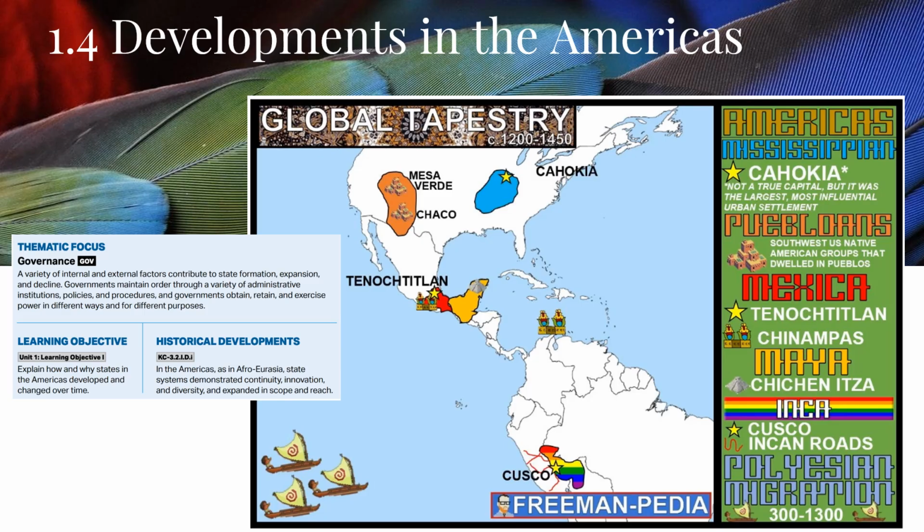Something else to keep in mind, and we've not really talked about it much in the class this year, but the Polynesian migrations, and that's what these boats are over here for. I know it's ridiculous, but think Moana. There are a lot of documented sources that do show that the Polynesian migrations made their way to the west coast of the Americas during this time period.